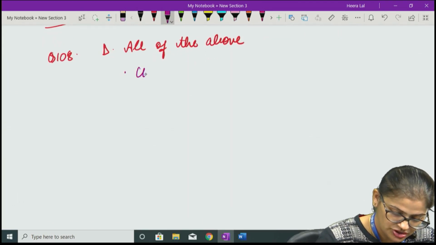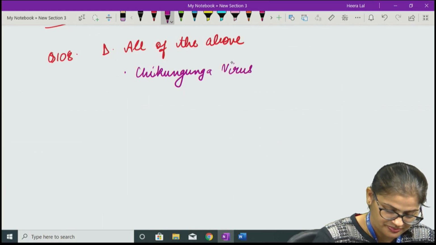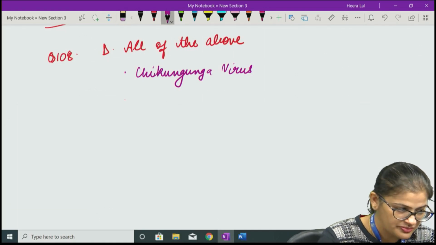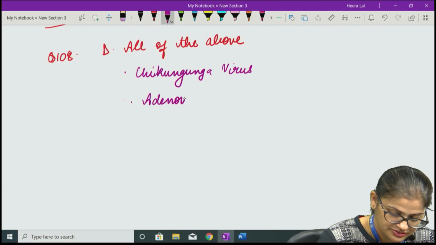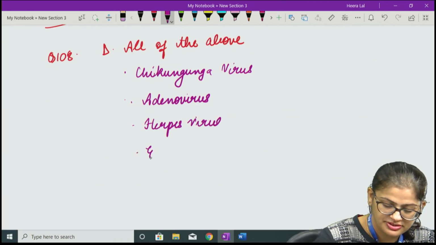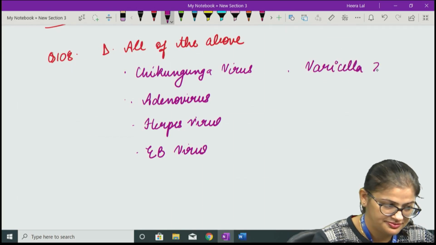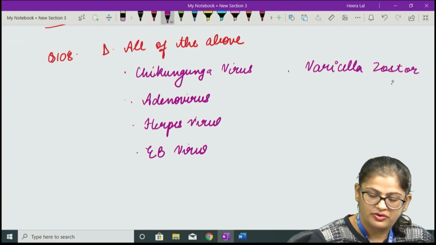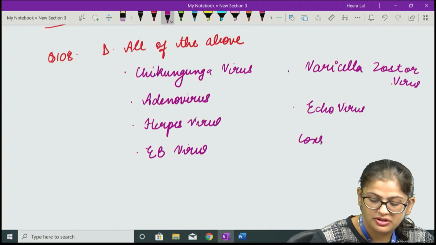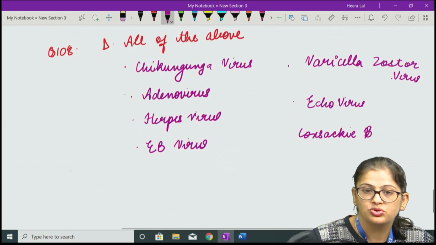And they are chikungunya virus, mumps, which is caused by paramyxovirus, adenoviruses, herpes virus, Epstein-Barr virus, varicella zoster virus, echovirus, and Coxsackie B. So these are the other viruses which may also cause arthritis apart from those options that are mentioned in this question.